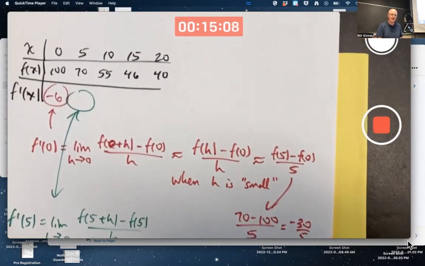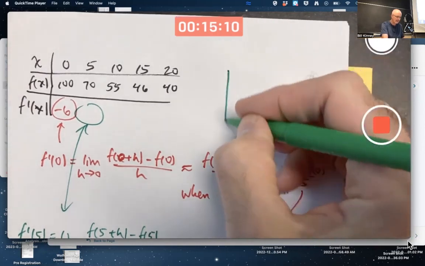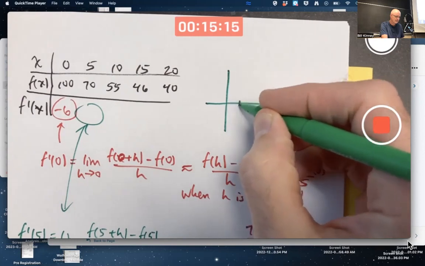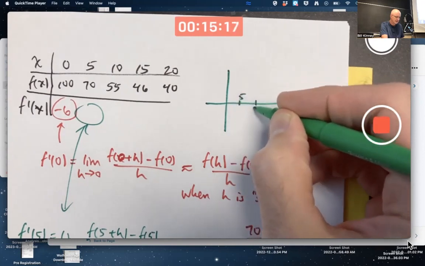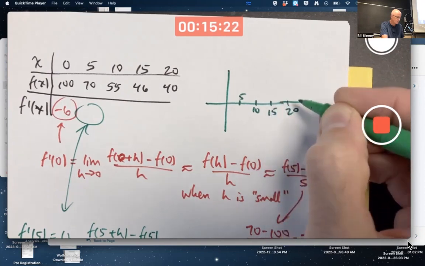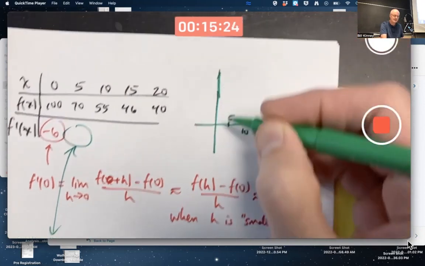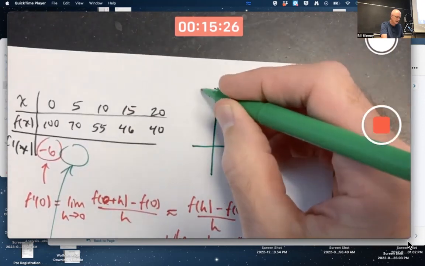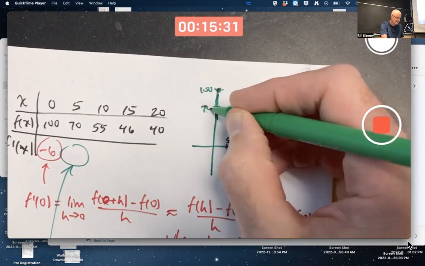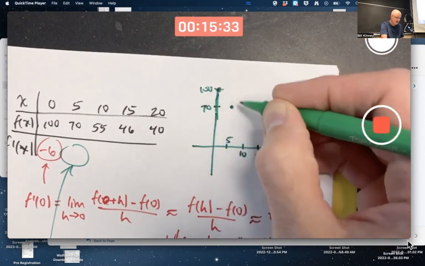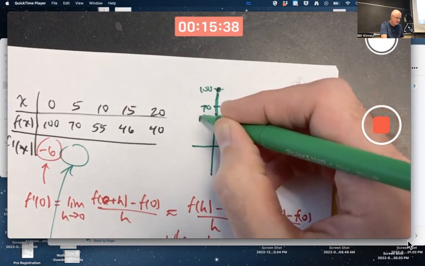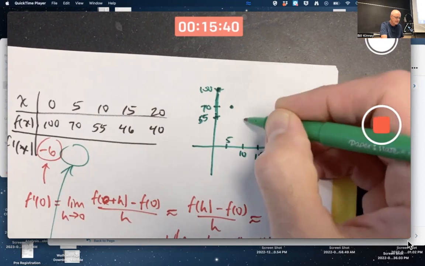I mean, we can go ahead and make a graph here of the data to help it seem more reasonable. X is 0, then 5, then 10, then 15, then 20. I guess the function's up here, starting at 100, going down to 70 when x is 5, going down to 55, not quite as dramatic of a change there when x is 10.